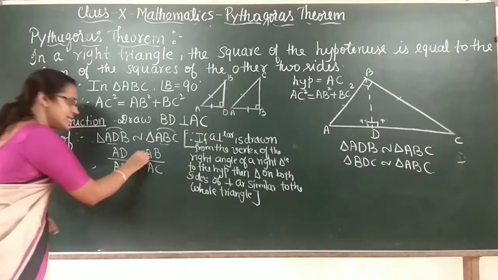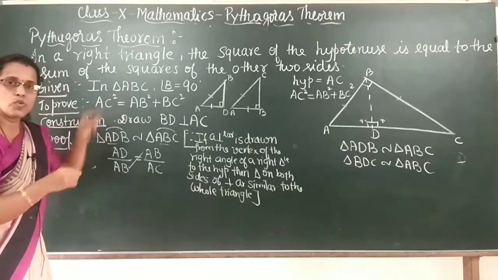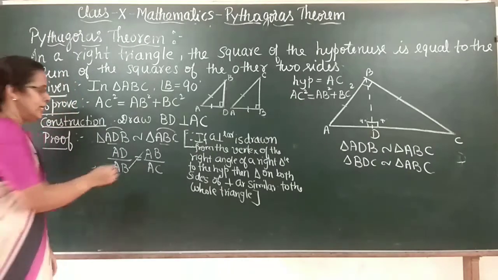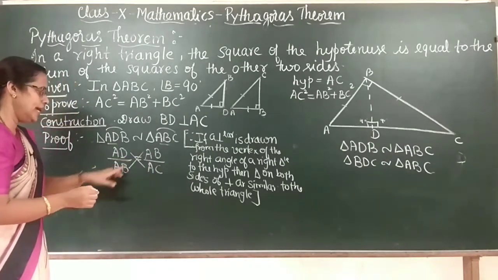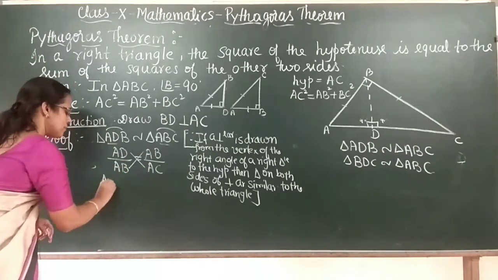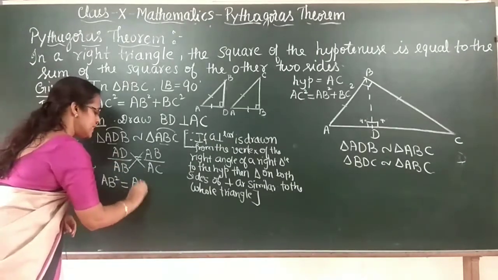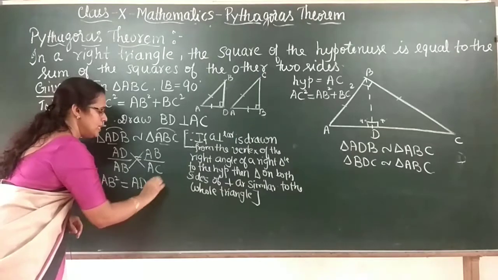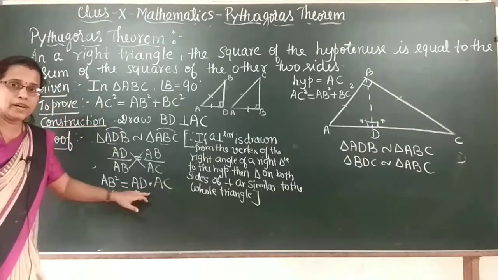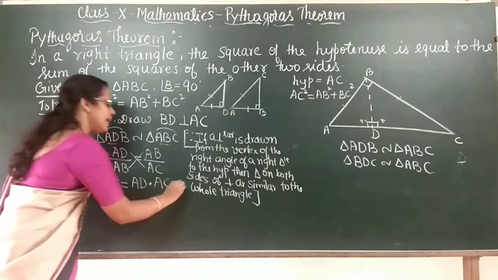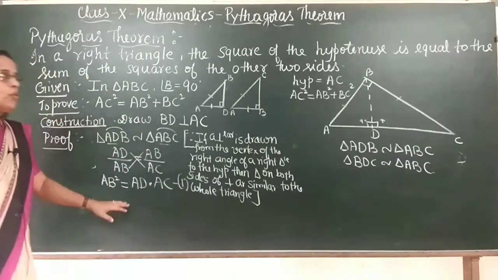So AB twice comes means you can get the square of that. Is it okay, children? So AB into AB, AB square is equal to AD into AC. Dot means multiplication. So we can write this as equation number 1, children.